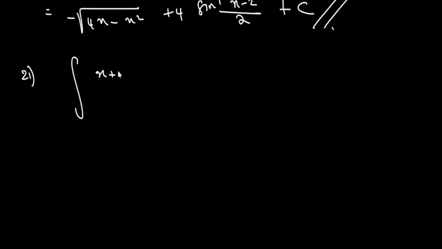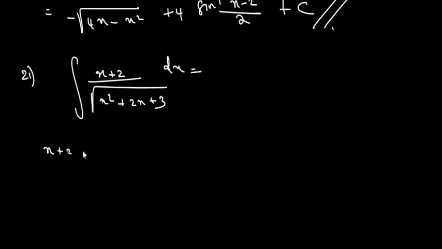Question 21: the integral of (x plus 2) by root of x square plus 2x plus 3. The differentiation of x square is 2x, which is not there, 2 is there. So some constant is missing. So let us write x plus 2 as a into the differentiation of the denominator, 2x plus 2, plus b.